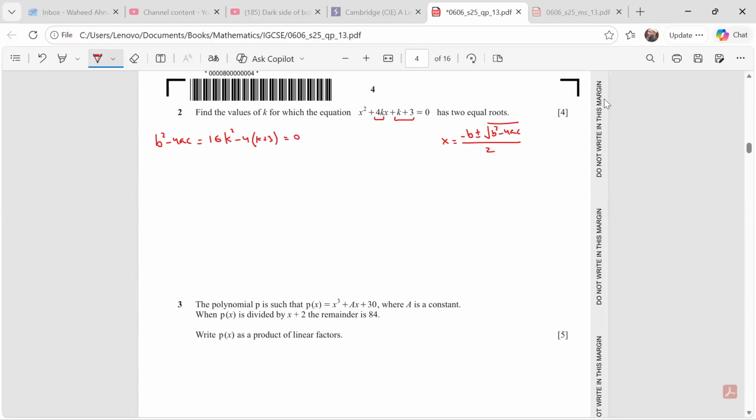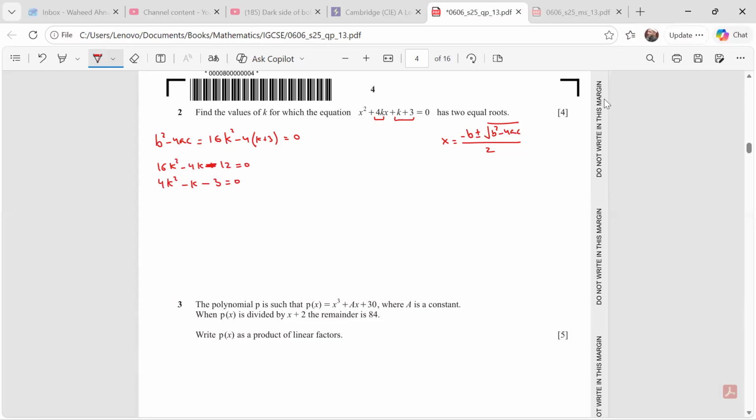Make sense? So 16k squared minus 4k minus 12 equals 0. Let's solve this, dividing by 4. It becomes 4k squared minus k minus 3 equals 0.